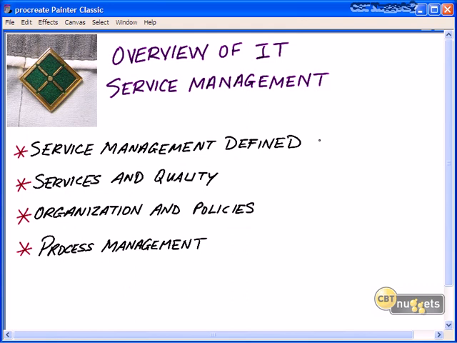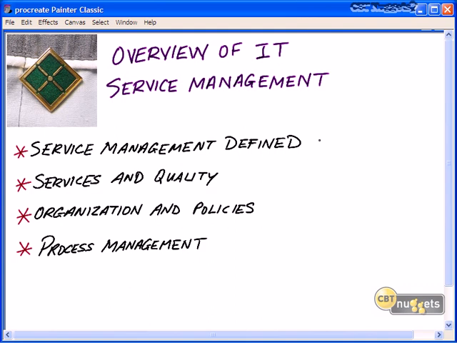As we learned in this nugget, IT service management is really the process and service focused approach of what we know as IT management. We found out that processes should always have a defined goal, a defined objective. We want to contribute to the quality of IT services, bringing value to the bottom line of our organization or our company.